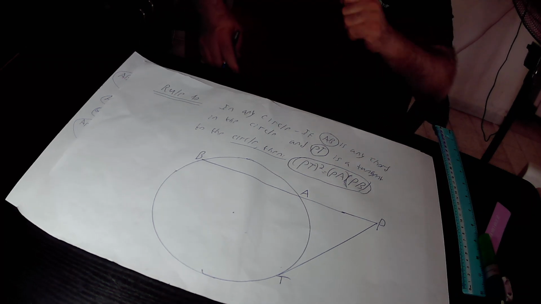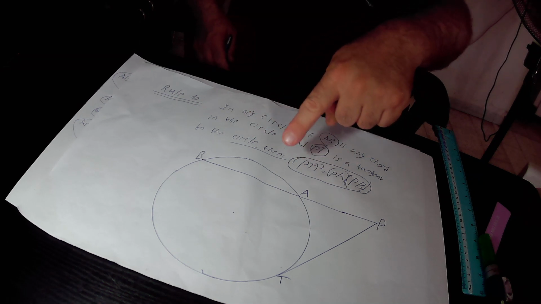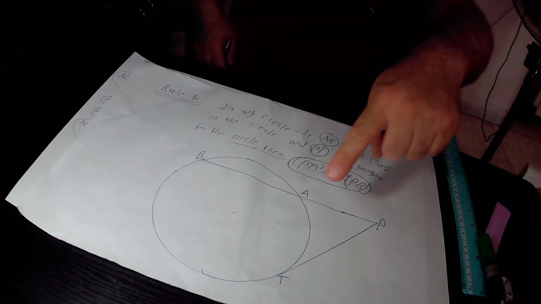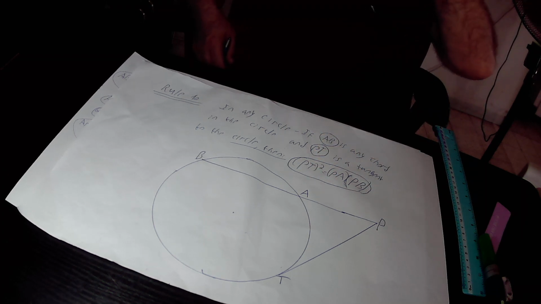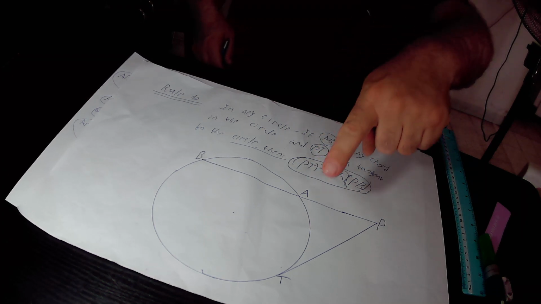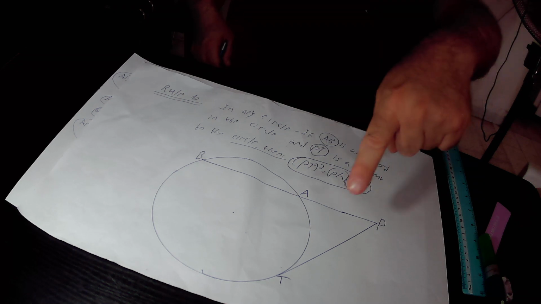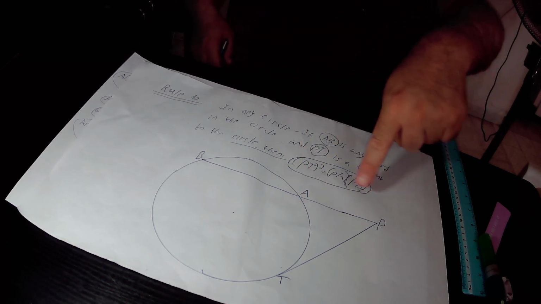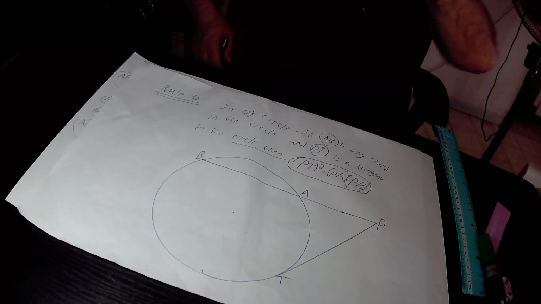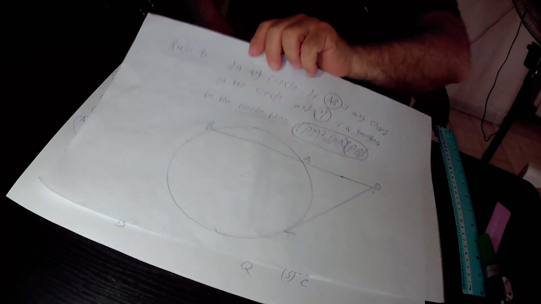So in any circle, if AB is any chord in the circle, and PT is a tangent to the circle at point T, in this way, the following equation is true. That PT square equals PA times PB. Again, PT square equals PA times PB. You can definitely implement rule 10 in our drawing.